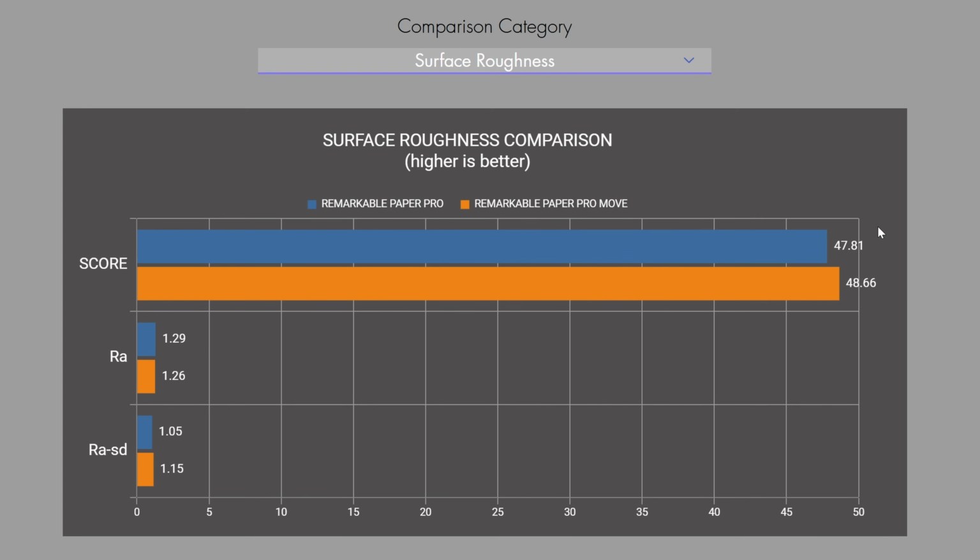Surface roughness is ever so slightly rougher than on the Remarkable Paper Pro, but for all intents and purposes, the writing feel and the surface roughness are definitely of the same character and the same feel between both of these.